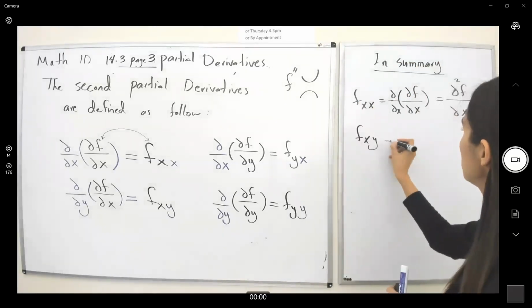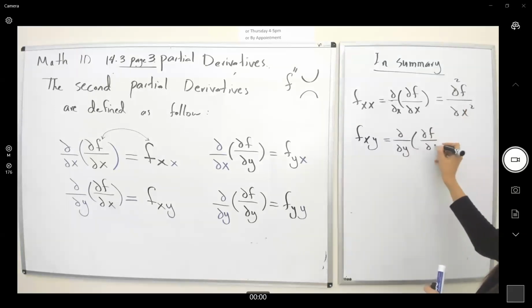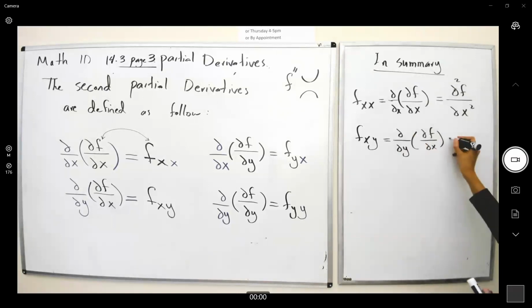F of x and y is the partial derivative of f with respect to x. Then you take the partial derivative with respect to y. Another notation for this, on x.